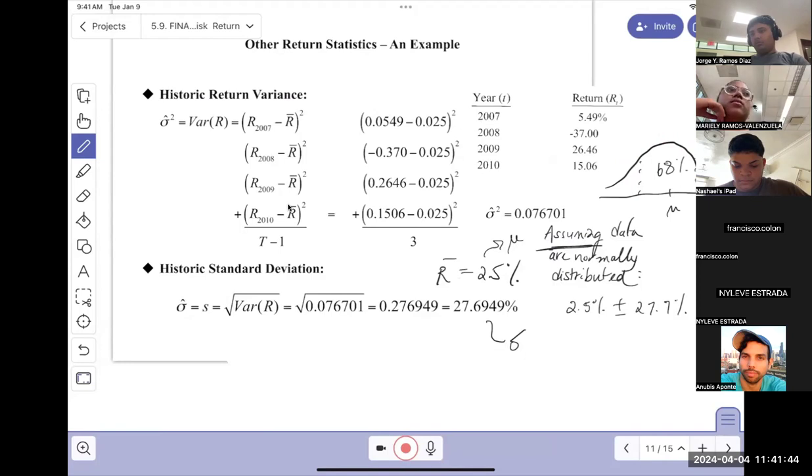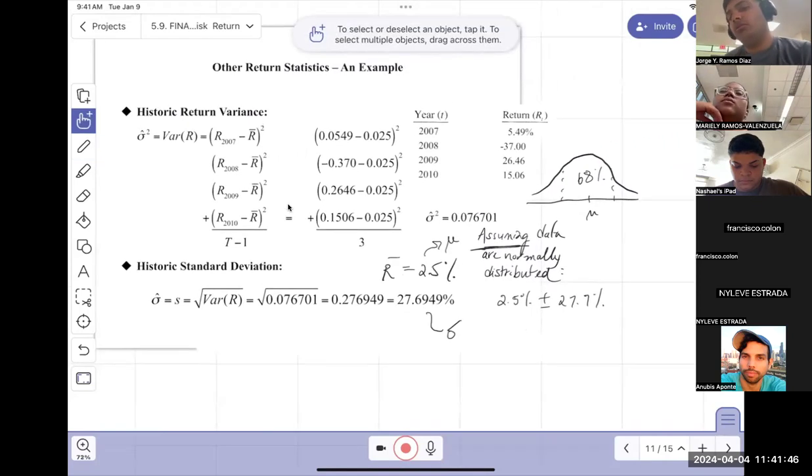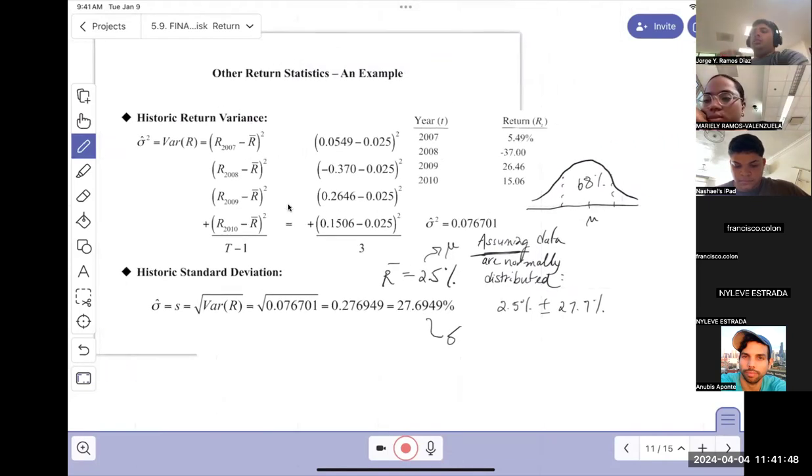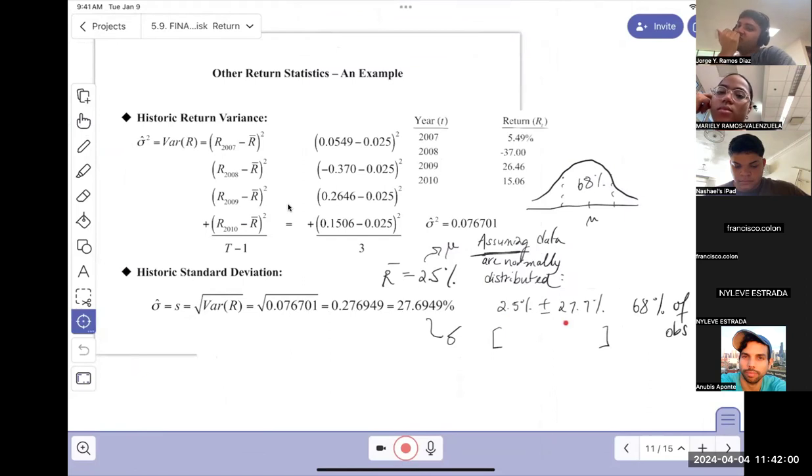So within 1 standard deviation of the mean, you will find 68% of observations. All right. So what are the limits there? Can you do the math and tell me? 2.5 minus 27.7. What is that?